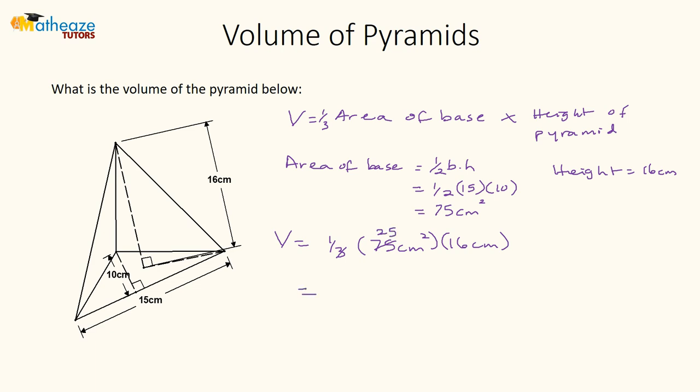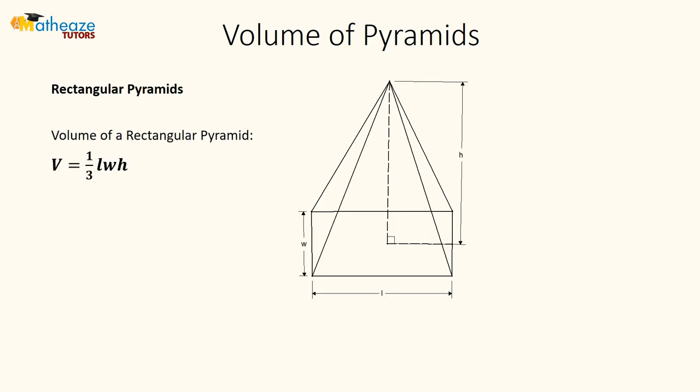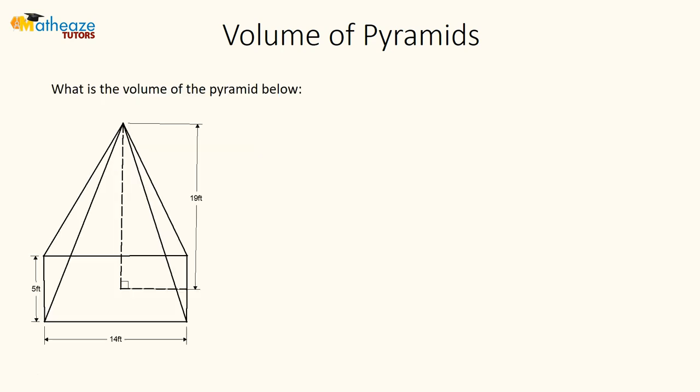So the volume of this pyramid is going to give us 400 cubic centimeters. Now we have a rectangular pyramid, so the base is a rectangle, so the area of the base multiplied by height divided by 3 will give us the volume of this pyramid.